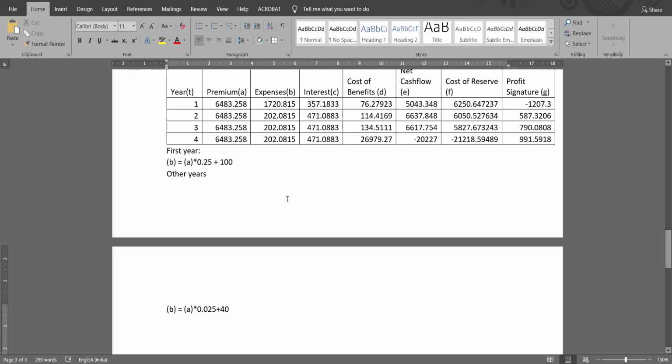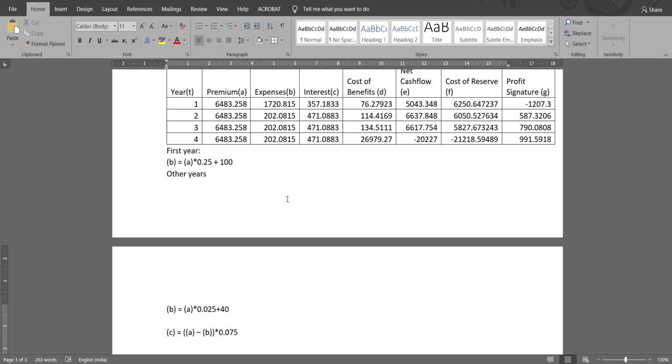And then you have your interest, which is C, is equal to (A minus B), and this whole thing goes into a bracket, times what? Times the interest, which is 0.075. Okay, cost of benefit.